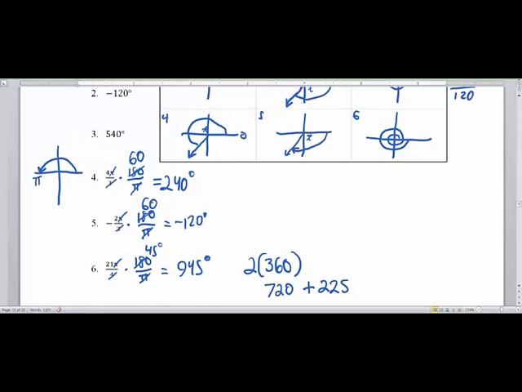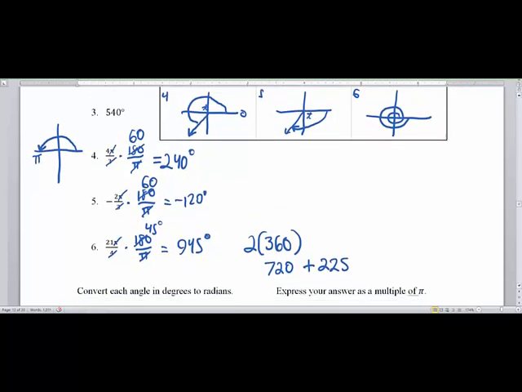So take that 225 degrees and make that 180 plus 45. Because that takes us from here to the 180 degrees, plus another 45 degrees takes us right here to the terminal side in the third quadrant. So this, wherever you want to put your letter T, shows you the full spiral of 945 degrees, or 21 pi over 4.